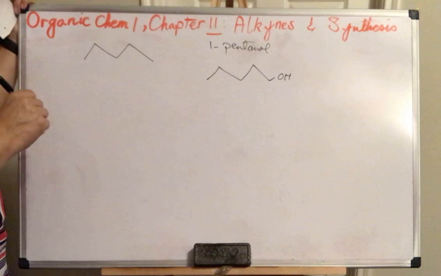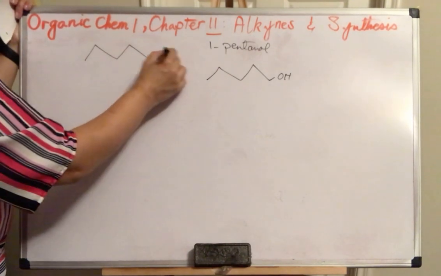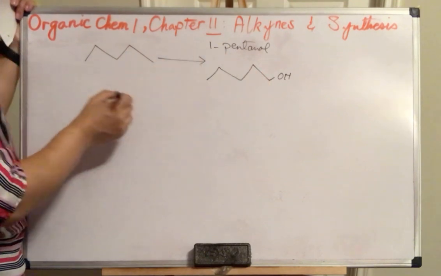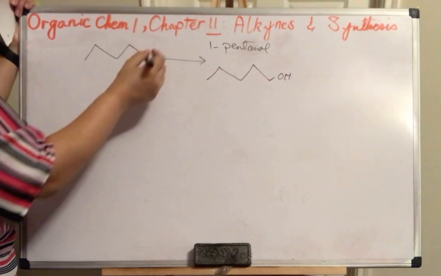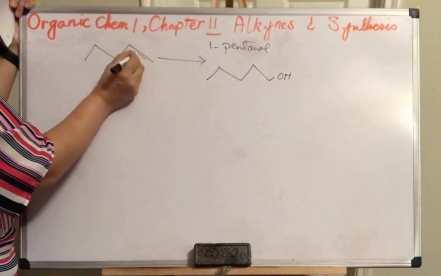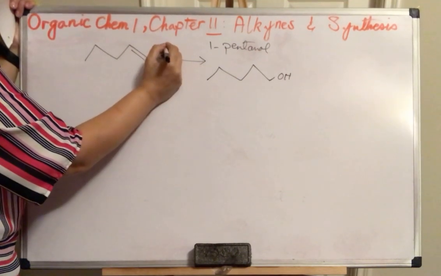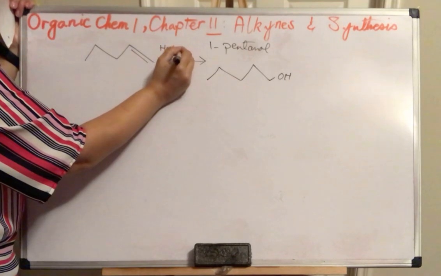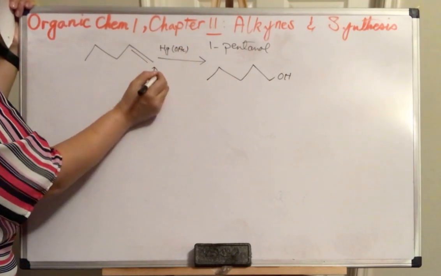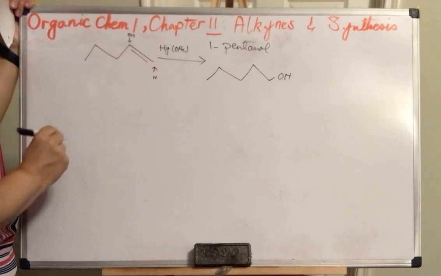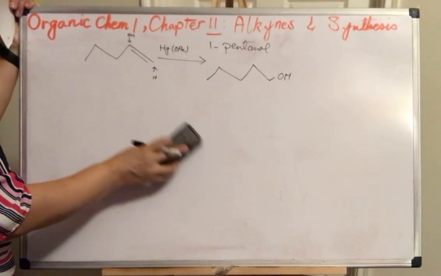But be careful here how to choose the reagent. If you choose oxymercuration, with the double bond here, like the previous example, hydrogen will be added here, OH will be added here. So you will end up having 2-pentanol, what you had in the previous example.